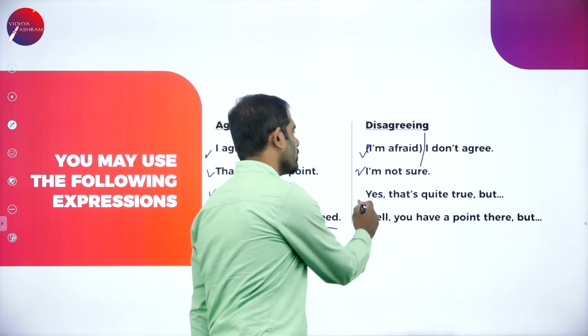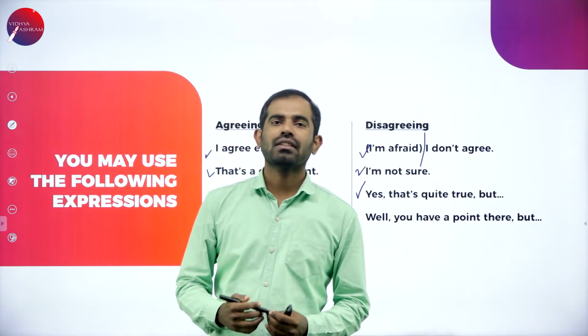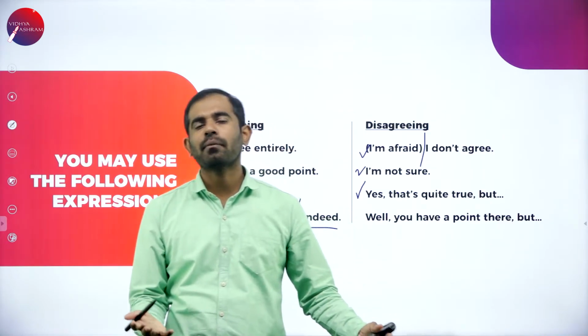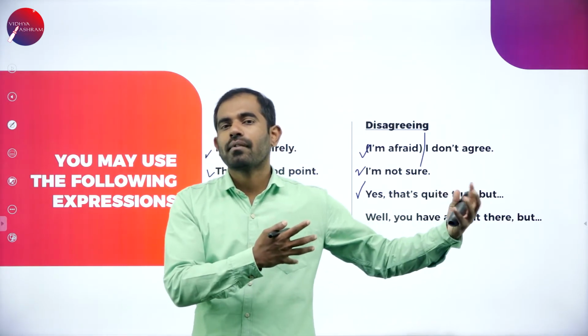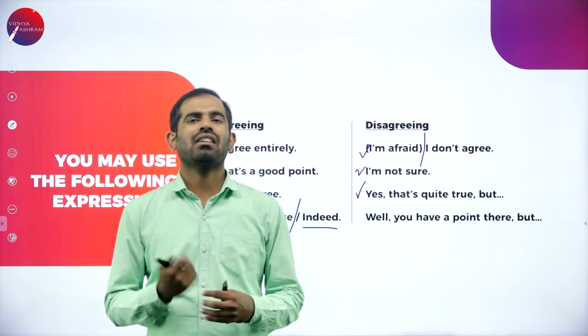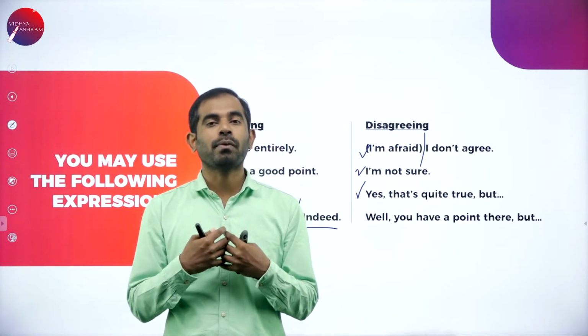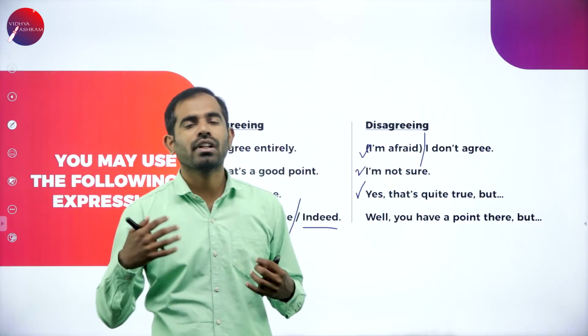Yes, that's quite true. And you might ask your parents, yes, of course, I may not ride it, I may not go to college, I may not roam around the city, but at least for the sake of feeling happy, to make myself feel happy, I want a new bike.